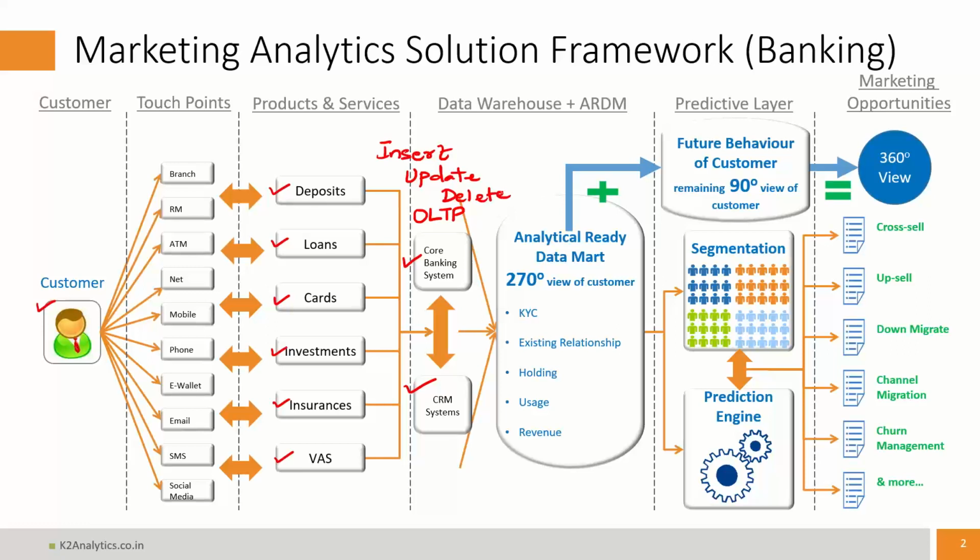From a SQL standpoint, the OLTP system is designed for fast transaction processing, which involves insert, update, delete. However, there is one more important requirement, which is reporting. And for reporting, we need to fetch information from the database. And that's where we require select queries. The OLTP is not optimized from a select perspective.